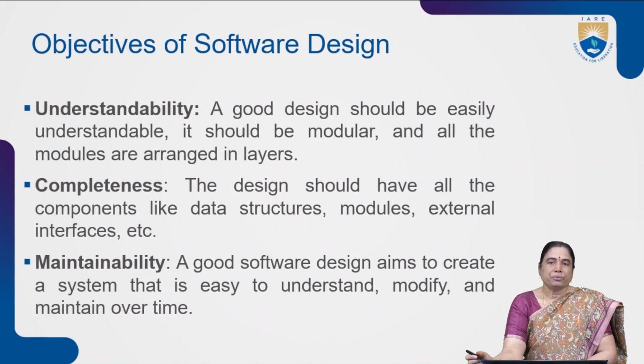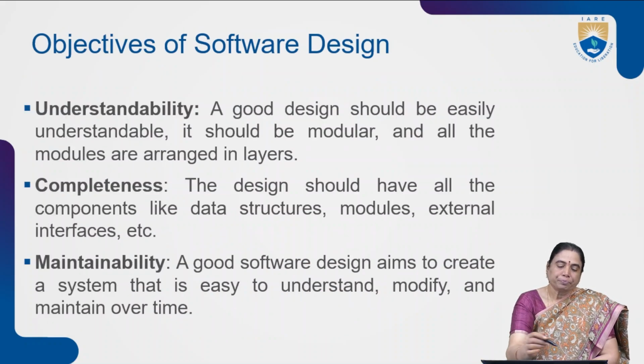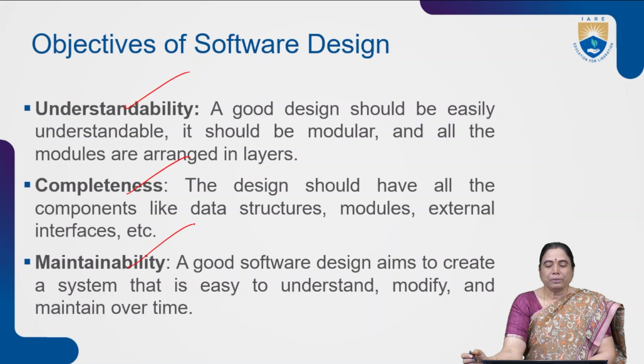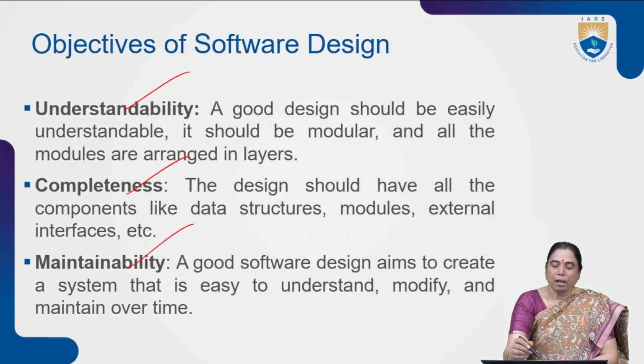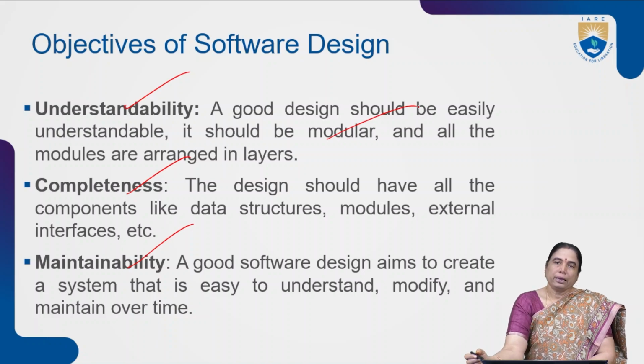Next, the objectives of software design are understandability, completeness, and maintainability. A good design should be easily understandable. It should be modular. All the modules are arranged in layers, so different levels of abstraction must be present.